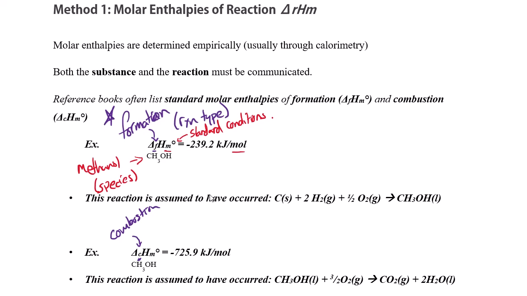And I'll put a little link to what that means in case you don't understand. So what this notation is specifying is that this reaction has taken place. I formed 1 mole of methanol. And you might notice something new here, which is I have a coefficient that's a fraction.